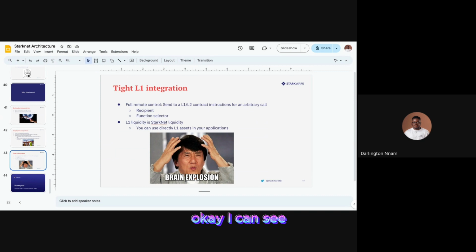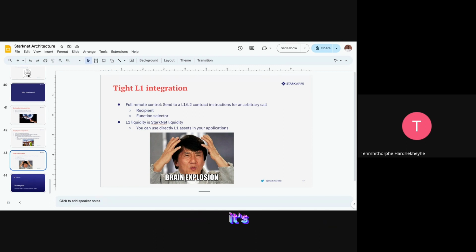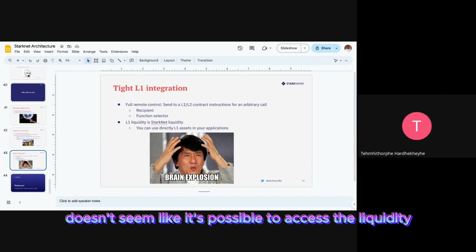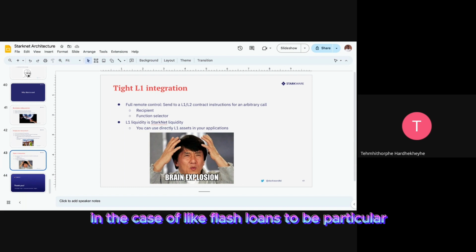Okay, I can see the answer. Yes, I wanted to follow that up because I understand you do have access, but I wanted to know the limitations, because what I had in mind was something like flash loans. With this setup, it doesn't seem possible to access the liquidity on L1 for that, because of the way you have to return everything in one block.